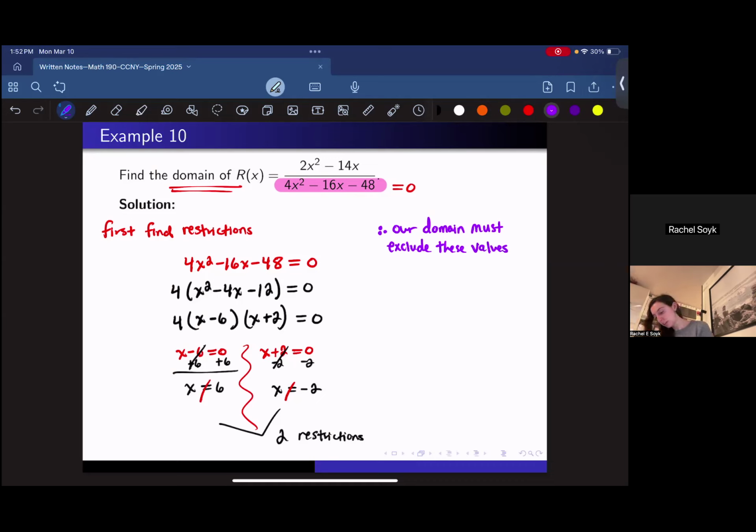And so if we look at this on a number line perspective, we're excluding negative 2, and we're excluding positive 6, but all other values are free game.